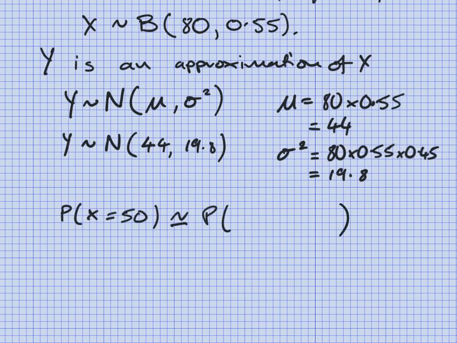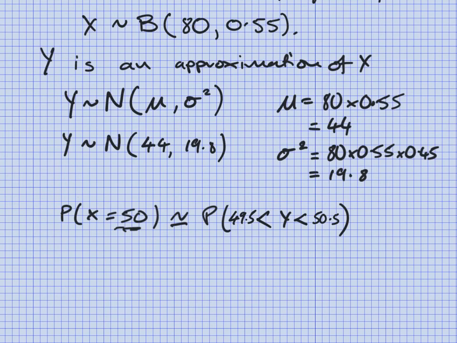So exactly 50 on the discrete values, that means that the y value must be between 49.5 and 50.5. Notice just here I've used strictly less thans. You can use less than or equals, it doesn't actually make a difference, but of course we know that the value of exactly 49.5 is 0. That's kind of the whole reason why we were doing this.